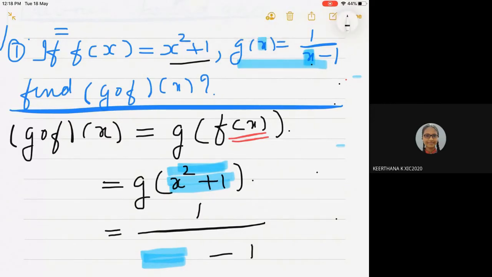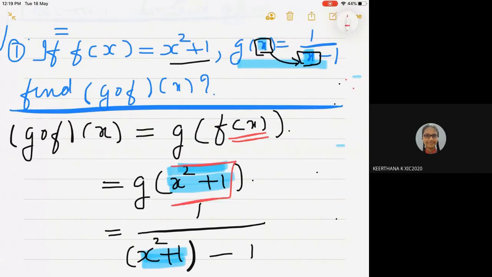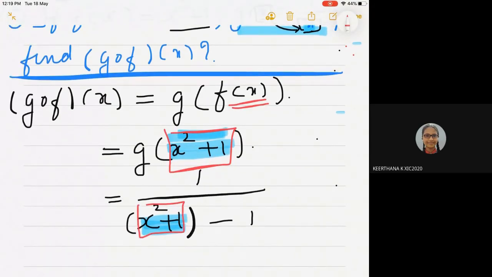In place of x, the highlighted portion x square plus 1. So we'll write here x square plus 1 because you have to correlate these two. When you are removing g of x to an expression, it becomes 1 by x minus 1, and in place of x, we have x square plus 1. So this is the final answer, and that is equal to 1 by x square.